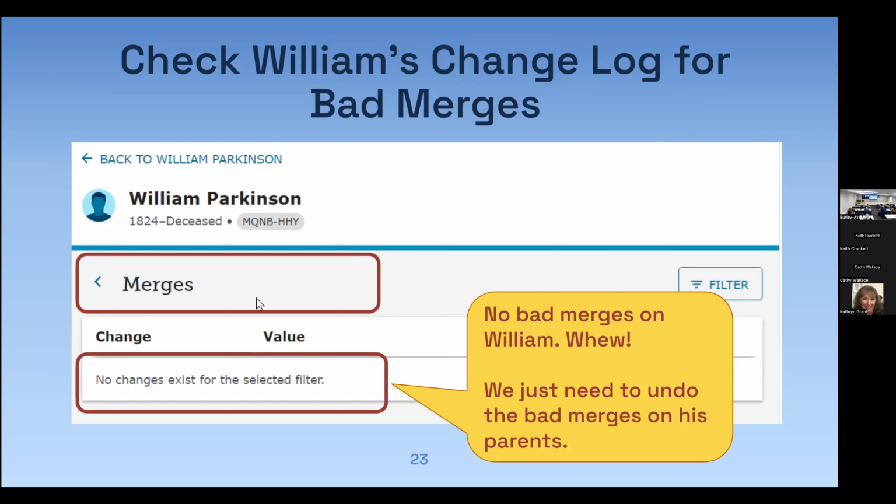So after I did this, it puts the title of merges up here saying all you're looking at is merges, and it says there aren't any changes that are merges. So we know there's no bad merges on William, so we can actually click this button here to get back to his changelog, and we know now that we just have to undo the bad merges on the parents.